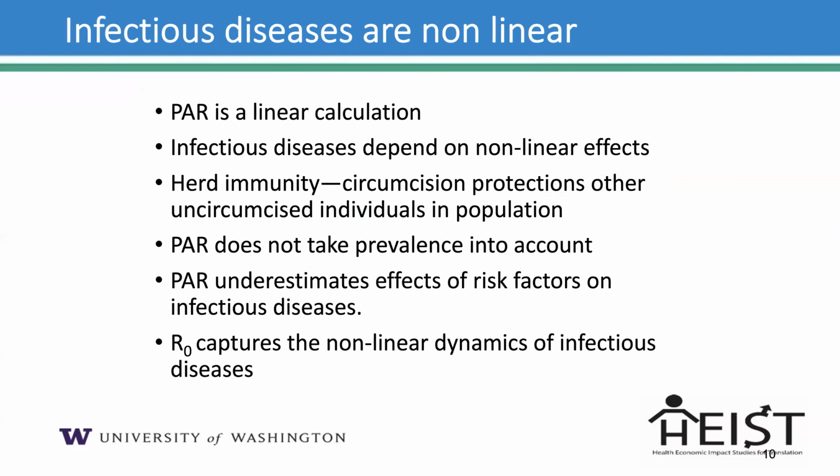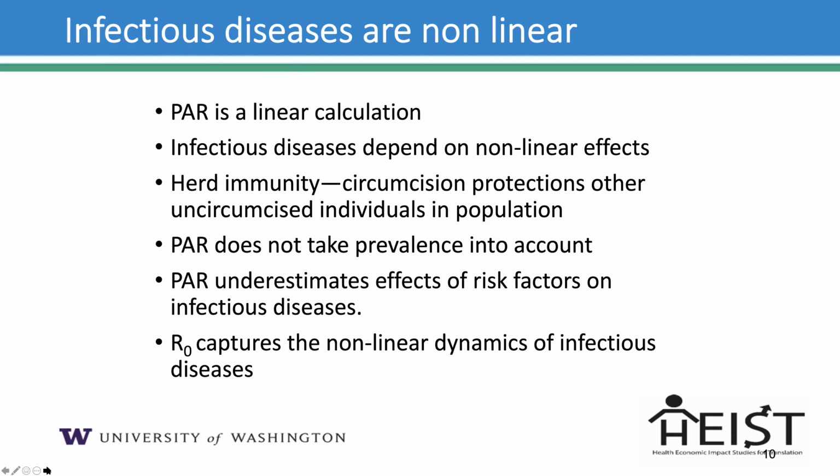And we really think about this a lot now with COVID-19 and SARS-CoV-2 transmission and vaccination. We know that with vaccination, more people will be protected than those who are vaccinated, because we expect to have secondary benefits of vaccination. And so this really linear epidemiological tool is not sufficient for infectious diseases.